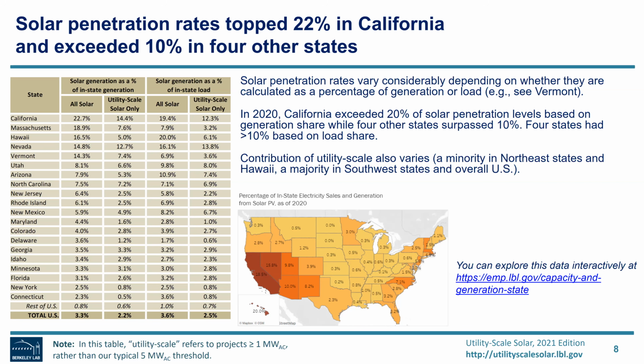Regardless, California has more than 20% of its electric generation coming from solar, by far the most. 4 other states surpass 10% by this metric: the northeastern Massachusetts and Vermont, but also Hawaii and Nevada. And if we look instead at penetration by load, the southwestern states like Arizona and Utah become more prominent. You can explore these and many other of our statistics and trends yourself in interactive visualizations that are posted on our project website. Next slide, please.